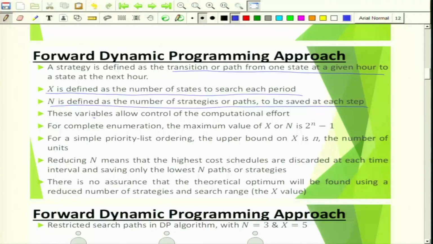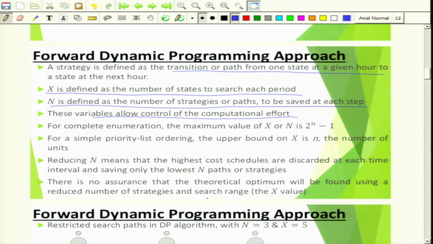So these variables allow control of the computational effort. You can also consider all the possible states, but honestly it will increase the computation burden. That's the reason we are only shortlisting those feasible states. Among those feasible states, we are shortlisting some states which give the most economical solutions.